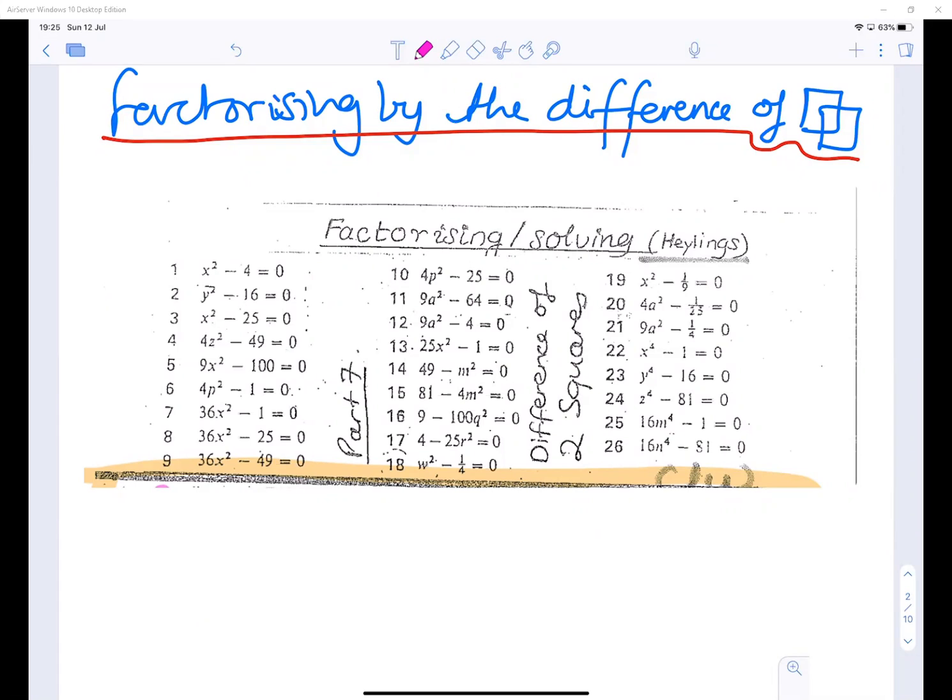Okay, factorizing by the difference of two squares.